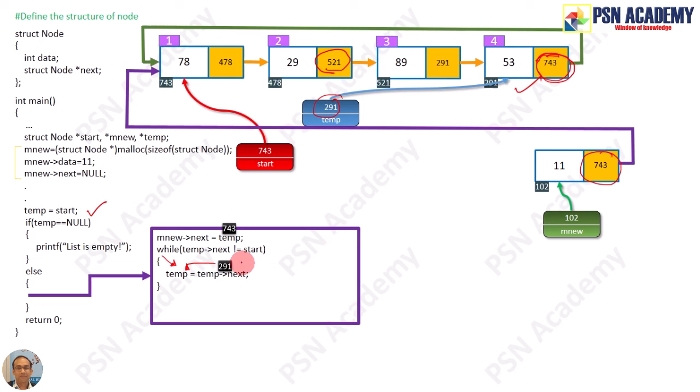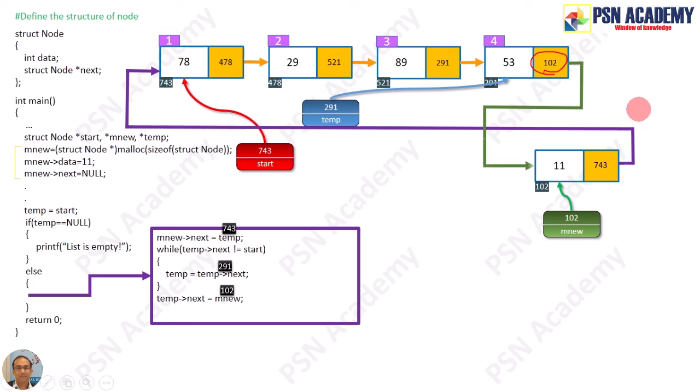Now let me clean it up. Now what will you do? You write temp next equal to nu. Why? Because the temp next is 743 now, so it should point to the new first node which is at 102. So you update 102 here and it will start pointing to the node at 102. So this is the last node here, which is pointing back to the new node at 102, right?